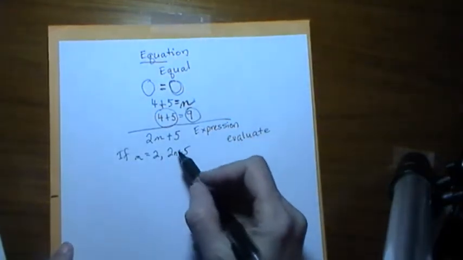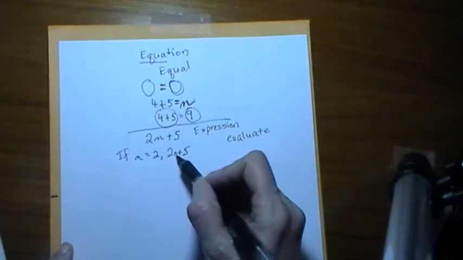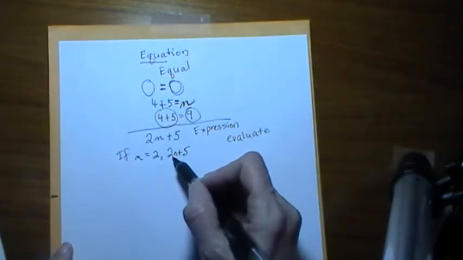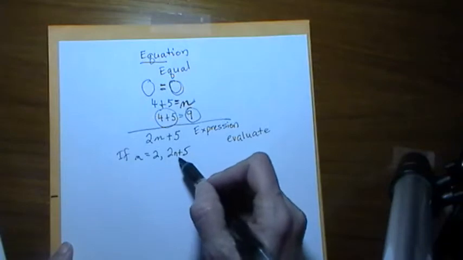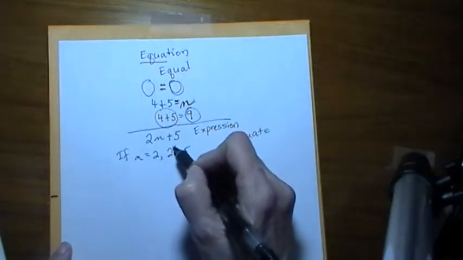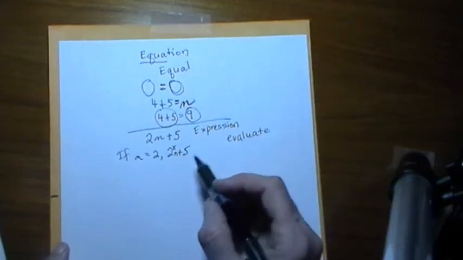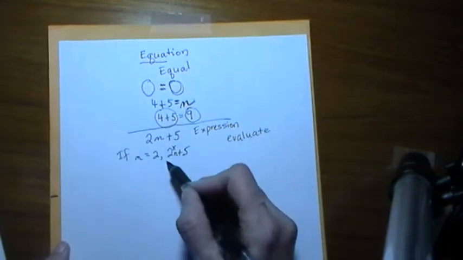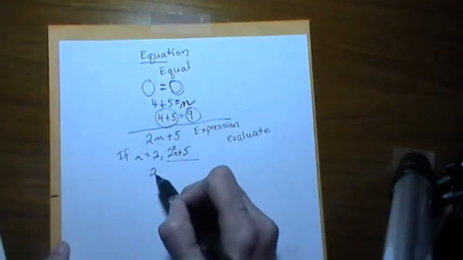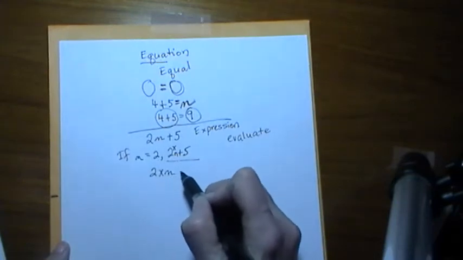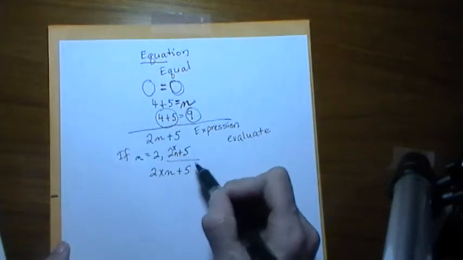Okay, now remember when there is a variable that immediately follows a number, it's as if there's an invisible multiplication sign between the number and the variable. So we can take this expression and write it as 2 times n plus 5.